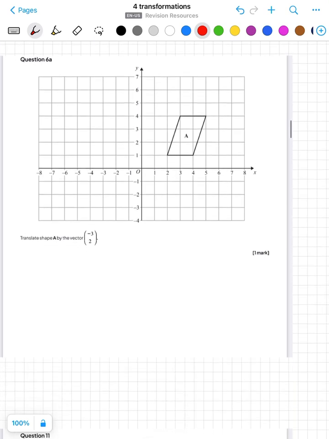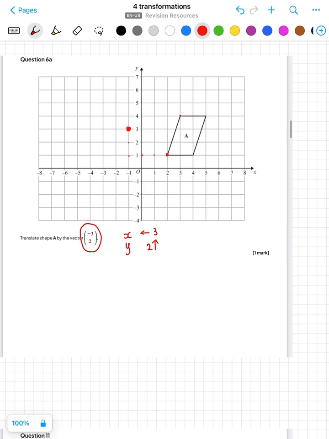A translation. So we are moving by column vector -3, 2. So we are going -3, so we are going to the left 3 units and we're going up 2 units. We're going to the left because it's a negative. So we pick a point. 1, 2, 3 to the left, 1, 2 up.